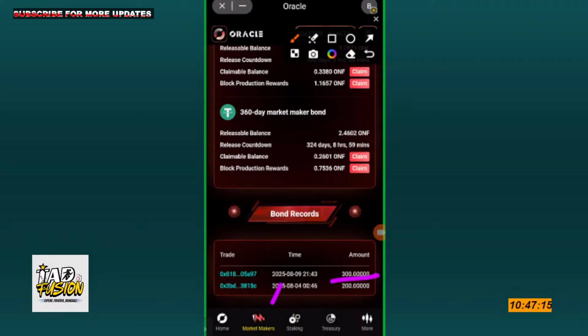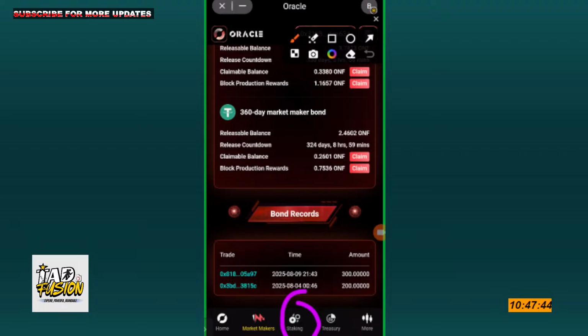It is a liquidity pool staking. We are providing liquidity in terms of USDT that helps in the production of more ONF tokens to come on the market. I don't know if someone is getting me very clear.